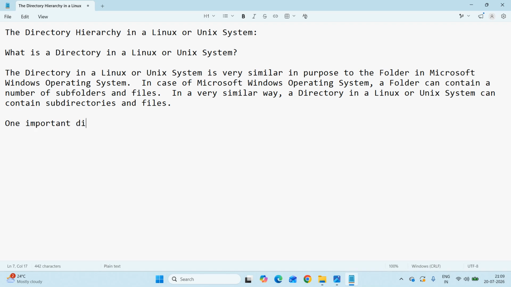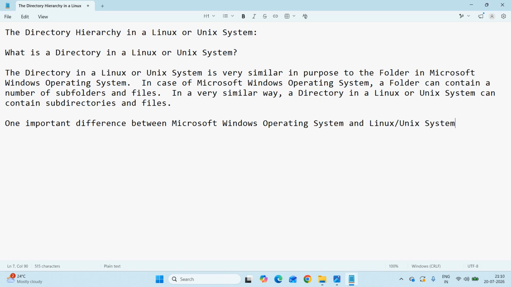One important difference between Microsoft Windows operating system and Linux or Unix system will be like this, people. I'll mention that in the next line.